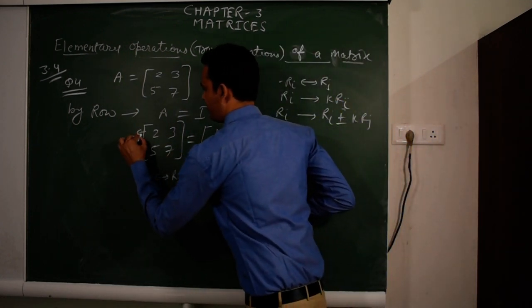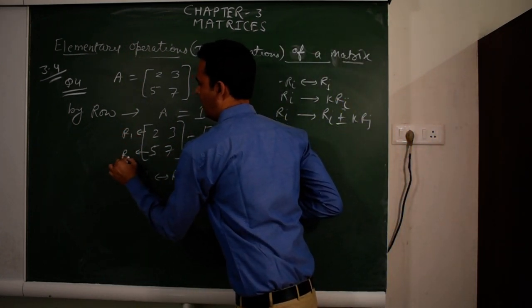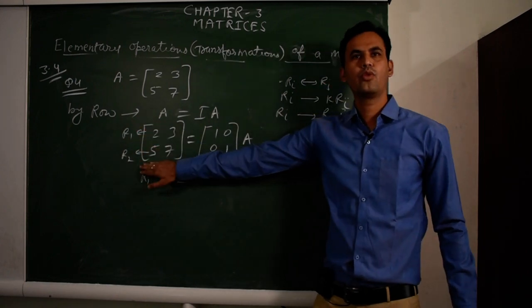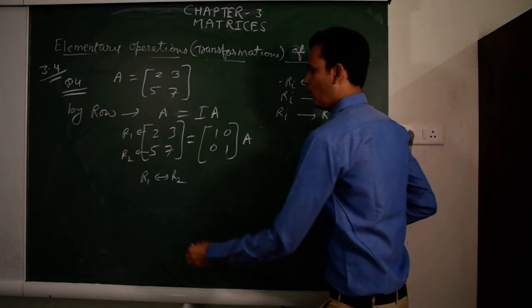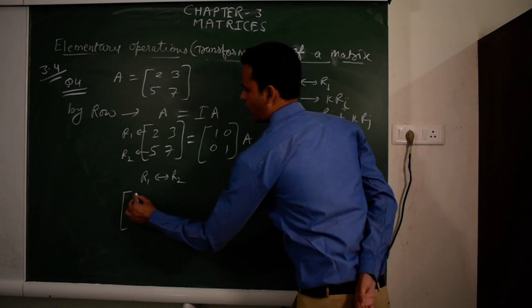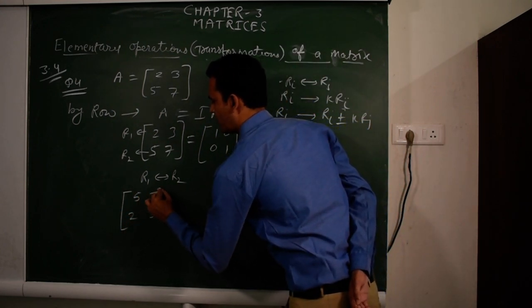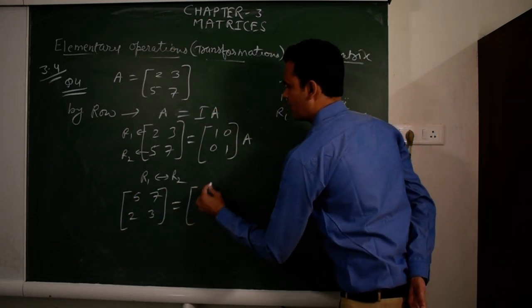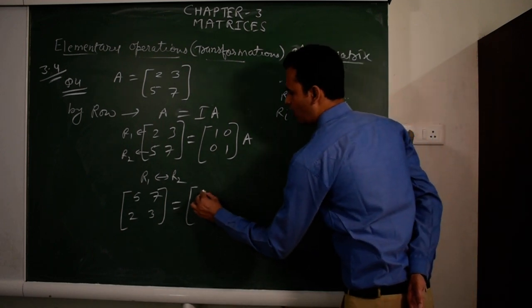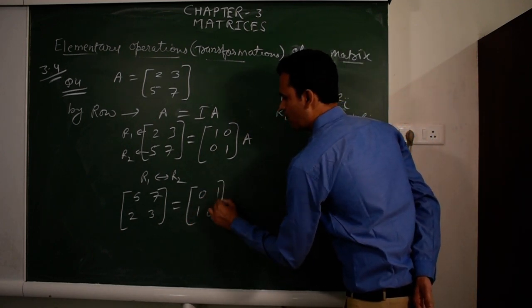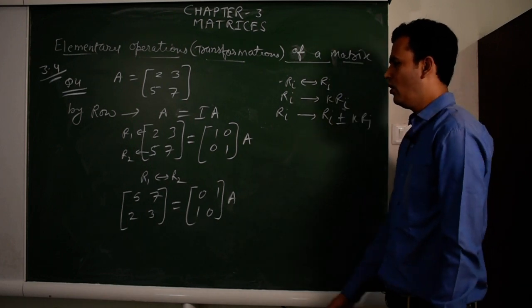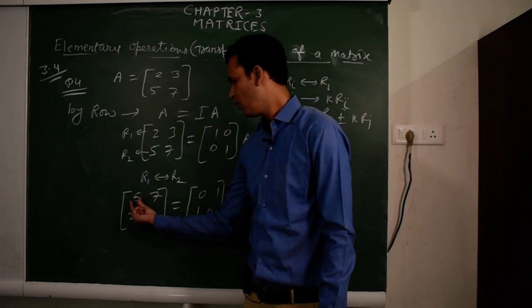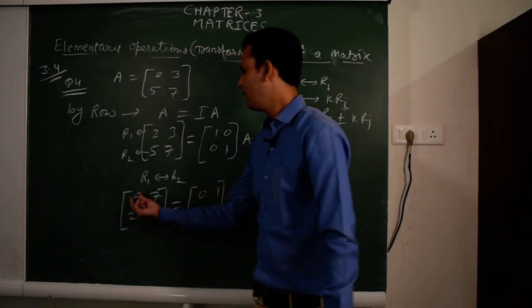So row 1 changes to row 2 and row 2 becomes row 1. So 5, 7, 2, 3. Same changes in RHS also, 0, 1, 1 and 0.